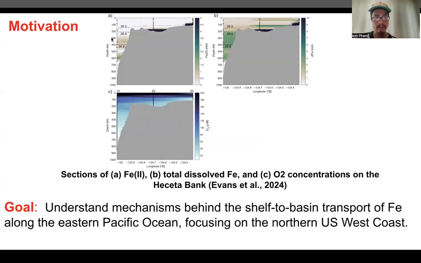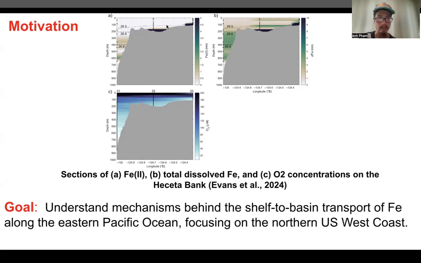The y-axis is depth, the x-axis is longitude, and the color scale shows the concentration of iron(II), total dissolved iron, and oxygen. We see that whenever we have low oxygen concentration close to the bottom water, we can have high concentration of total dissolved iron and iron(II), and then iron(II) and total dissolved iron can be transported further away from coastal areas to the open ocean.